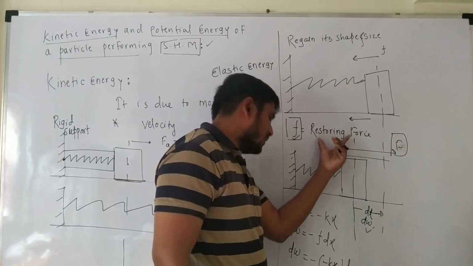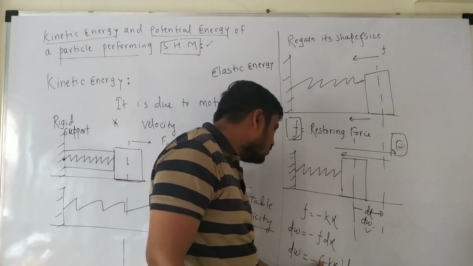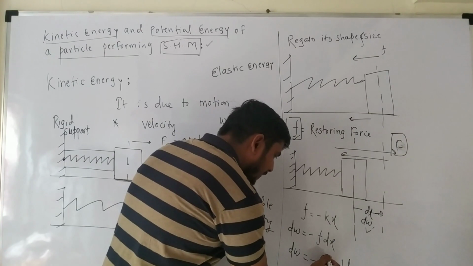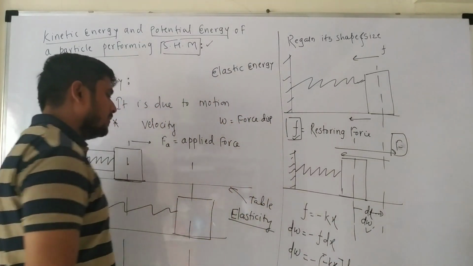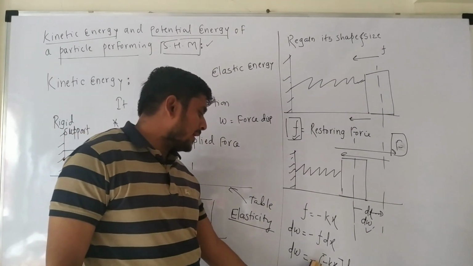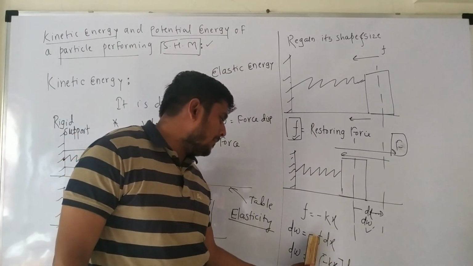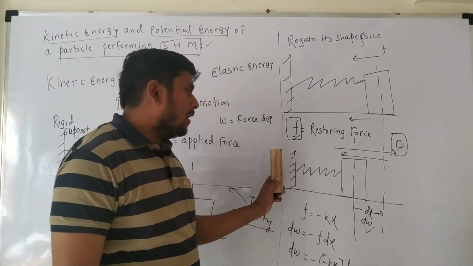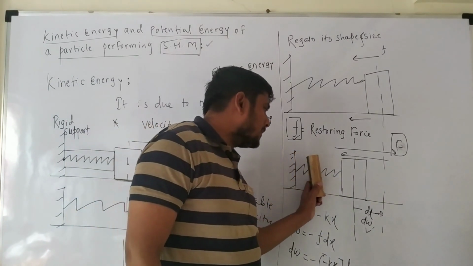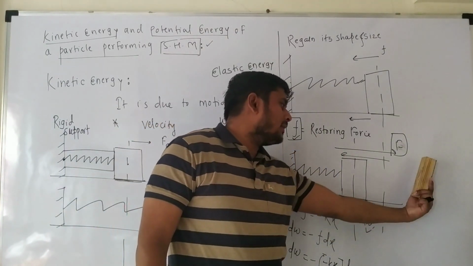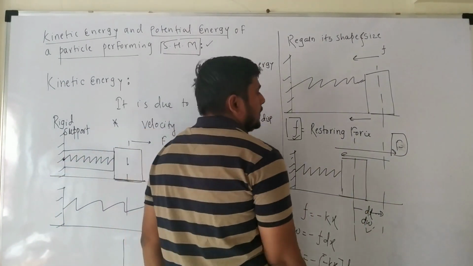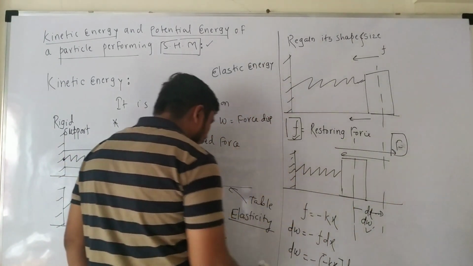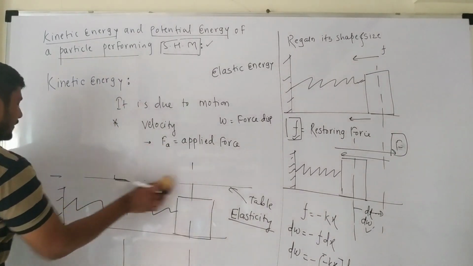Due to the restoring force. That's the reason I chose small f here instead of capital F. So the work done we got is dw equal to minus kx dx. Why the minus sign? Because the displacement is in a forward direction and the restoring force applies in the opposite direction.